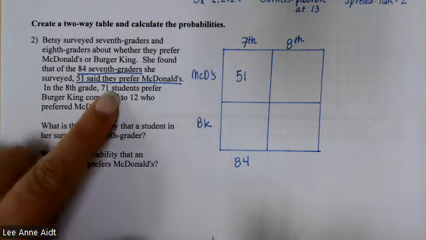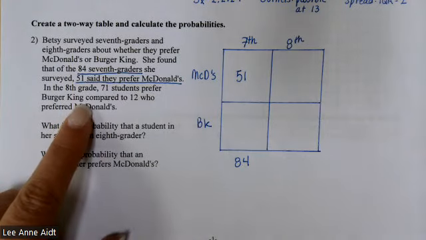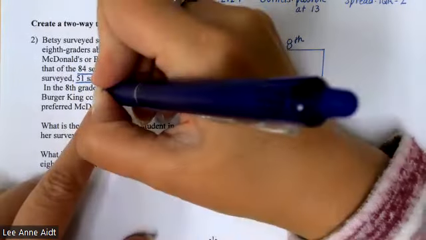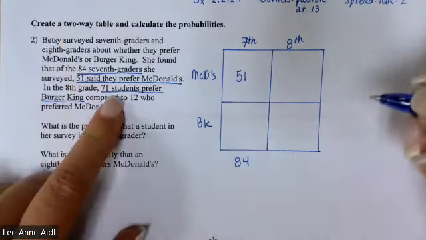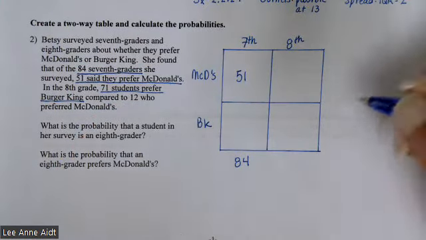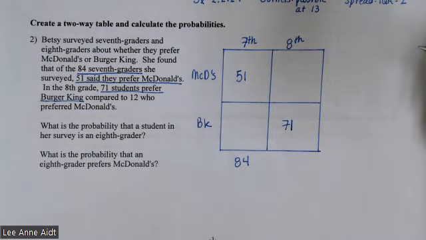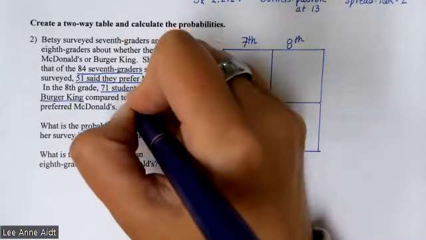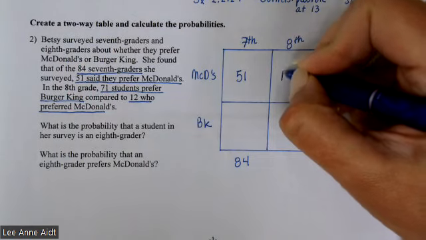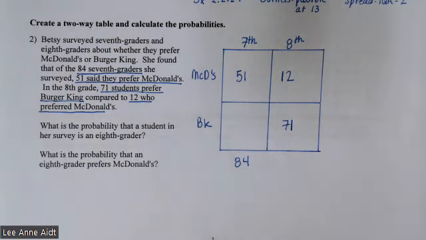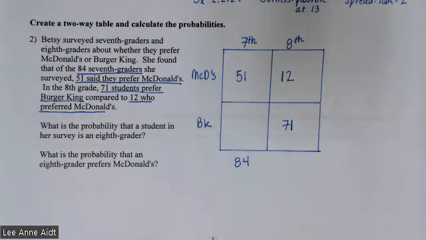Okay. In the 8th grade, 71 students prefer Burger King. Where does the 71 go? 8th Burger King, perfect. Compared to 12 who preferred McDonald's. 8th McDonald's.